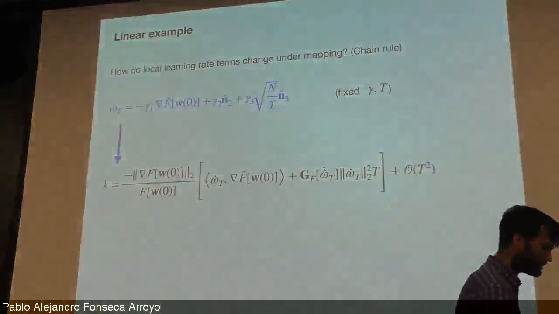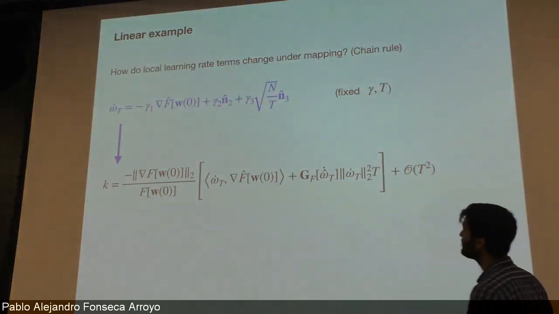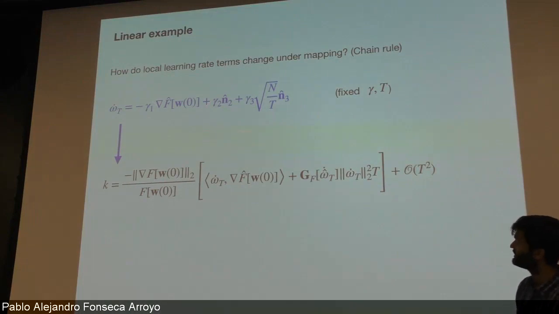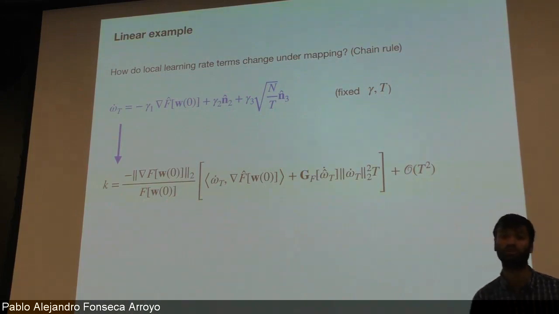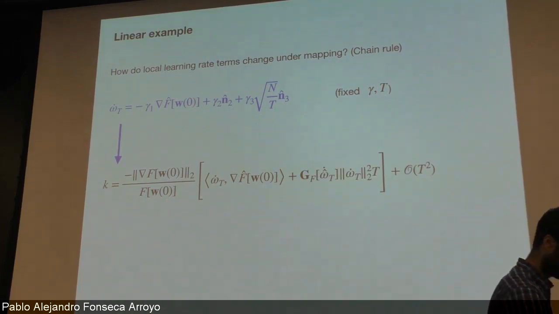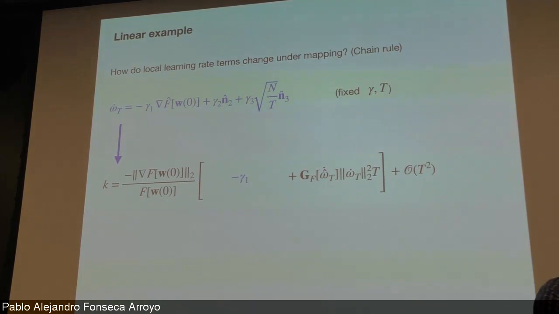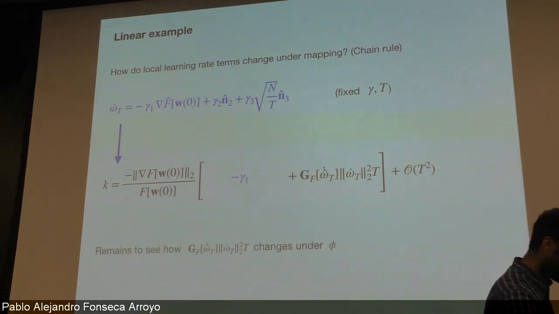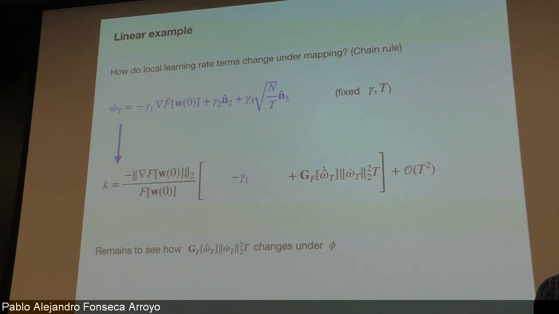To answer that question, I'm just going to put in my expression for interpolated synaptic plasticity, which we got in the first part of the talk, into the second order Taylor expansion for how fast I'm learning. As before, the first order term is just how much gradient I've got in my weight update. And it remains to see how this local task difficulty changes under phi.